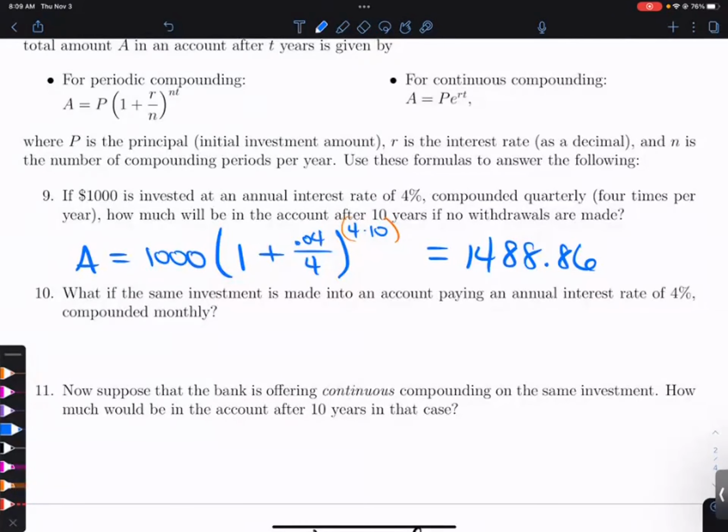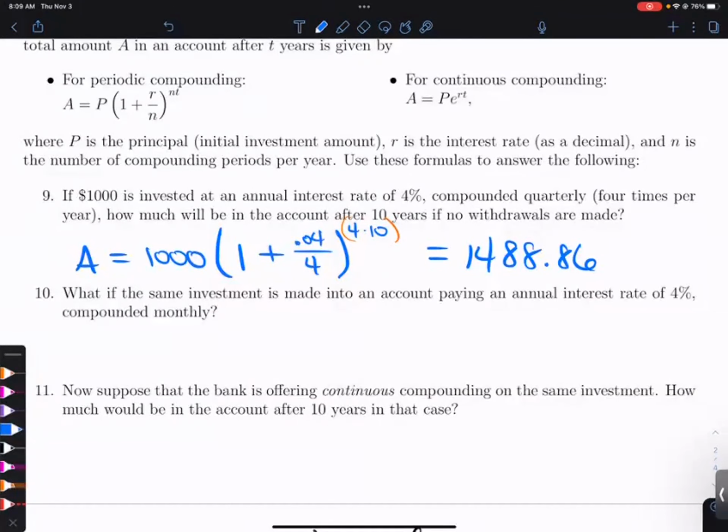Okay, so what's the setup look like on 10? What's different? Same investment, so same principal amount. The account still pays 4% interest. We're still talking 10 years. What's different though? Compounded monthly instead.